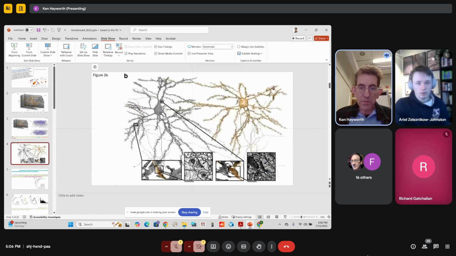And what do I mean by that? This is an example of this. So here are two pyramidal cells. They trace the axon of one of those pyramidal cells so that they can see where it's synapsed over here on the gray cell, and it's synapsed in two different places.